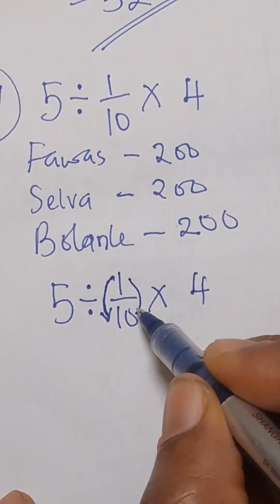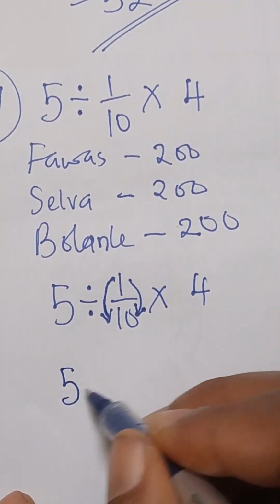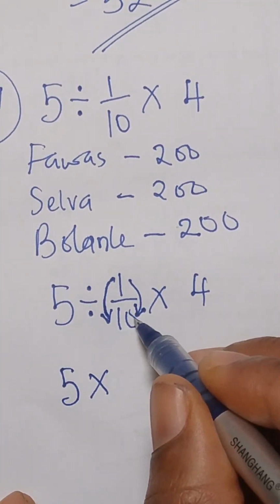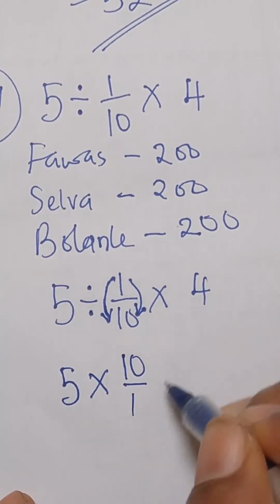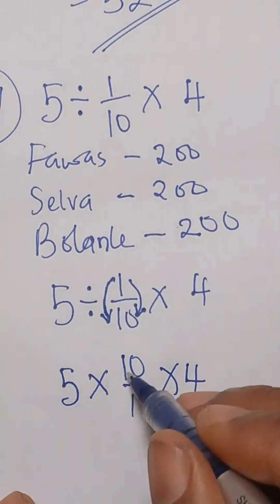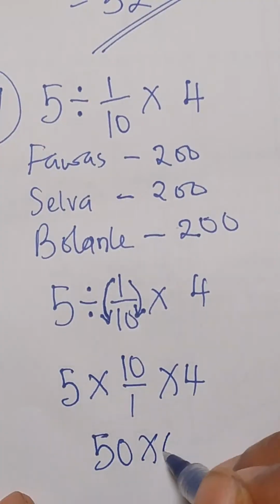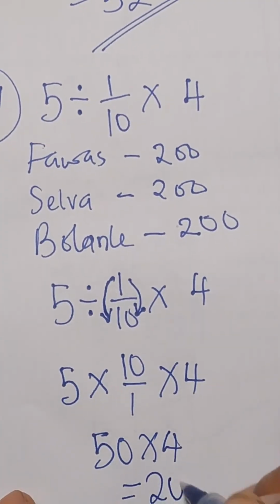Even if it's just a number, you flip it. Now, we have 5 multiplied by, when you flip, this 10 will go up, and you have 10/1 times 4. 5 times 10 will give us 50. We now multiply by 4, and that is equals to 200.